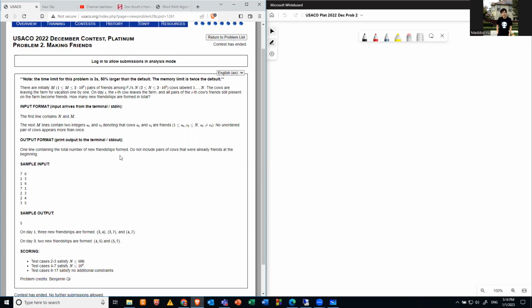For example, in this case, you have a graph like this. You have 7 nodes and 6 connections.